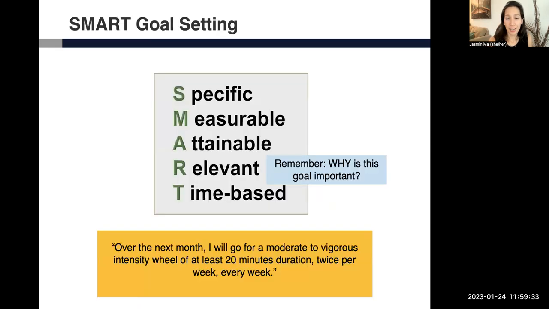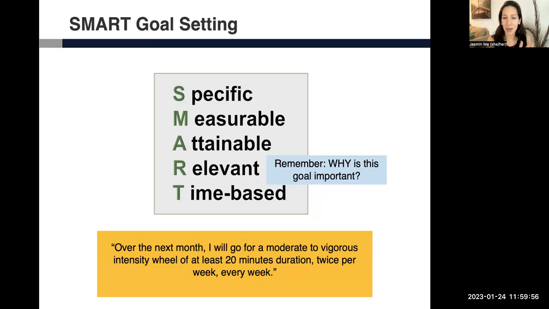Our SMART goal setting, I'll be brief here because I think many of us are very familiar with this. The key thing that I want to emphasize here is that not only are these goals attainable, like we talked about in those graded tasks, but they are of adequate challenge so that our accomplishments aren't trivial. But also importantly is that those goals are relevant.